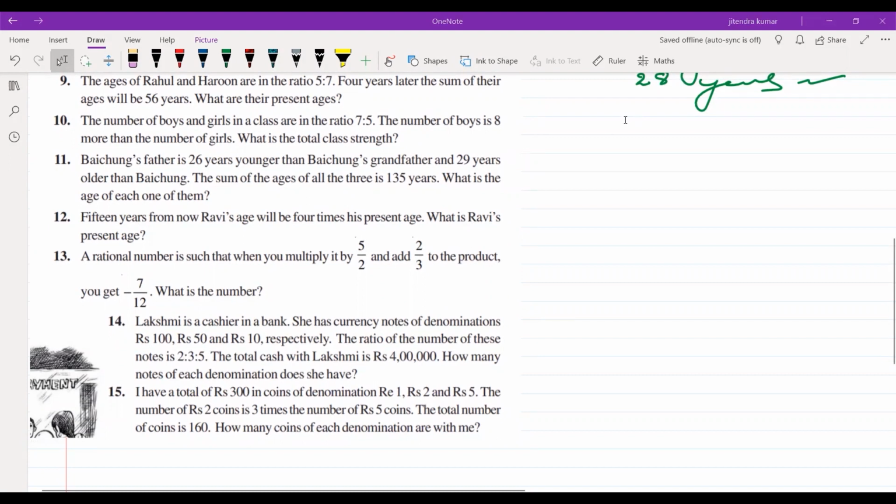Okay, so here is our question number 10. It says the number of boys and girls in a class are in a ratio. So we are going to consider it the same way.